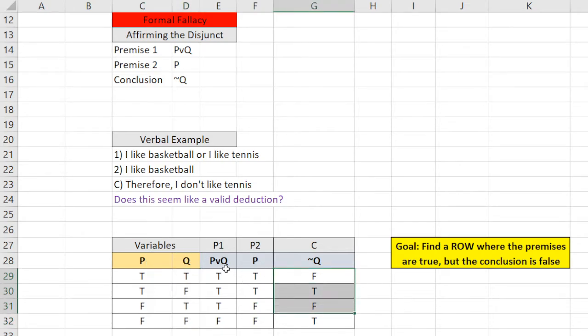Okay, now this is the argument in truth value or truth table form. So the goal is to find a case where the premises are true, but the conclusion is false. Right? If you can find that row, then you can prove to me that this whole thing is invalid. So let's look. True, true, false, right here. This is the row.